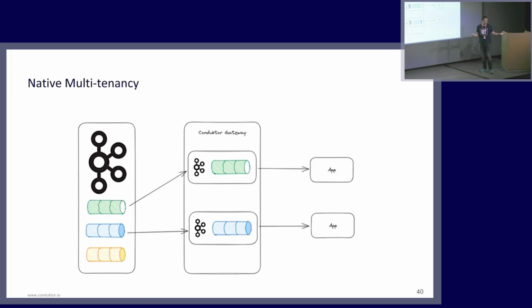As John was saying earlier, most people need a really, really strong naming convention in order to avoid conflicts between tenants on their Kafka cluster. Don't do that. Put Conduktor Gateway in, you don't have to worry about a naming convention at all. Conduktor Gateway takes care of all of the isolation, and your applications can use it. For instance, a topic named orders in this application, and a topic named orders in this application could be completely separate and non-conflicting.